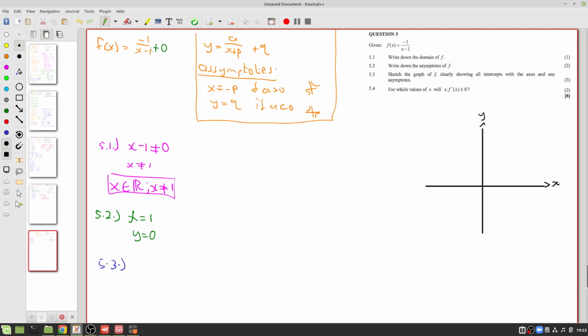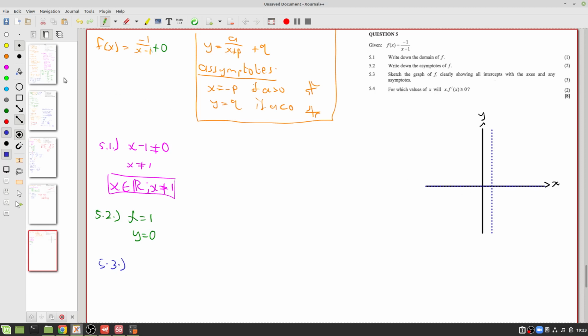So let's first draw in our asymptotes. I'm going to use a dotted line for that, and I'll do the asymptotes in blue. We know x equals 1 is going to be one of our asymptotes, and y equals 0 is just right here. That's going to be another asymptote. You can't really see that, but that's fine, it's on the x-axis.